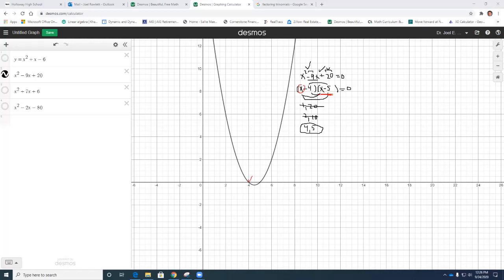Well, it would have to be positive 5, right? Because 5 minus 5 is 0, and there is that zero. And we'll highlight these using Desmos. And as you can see, (5, 0) and (4, 0) are my points on the x-axis. Notice that the y values are 0. That's why they're called zeros. So our zeros are x equals 4 and x equals 5.